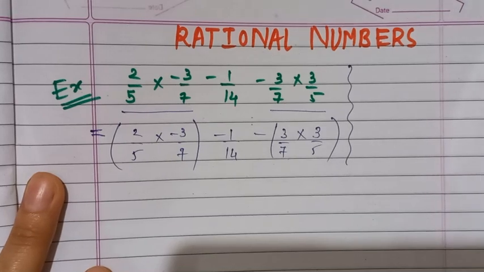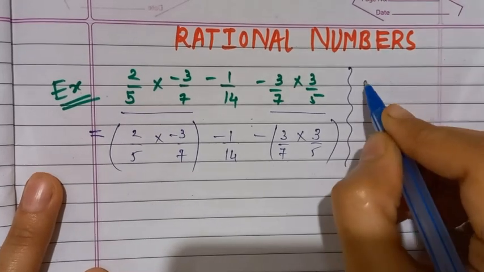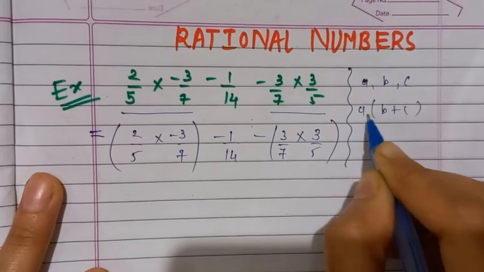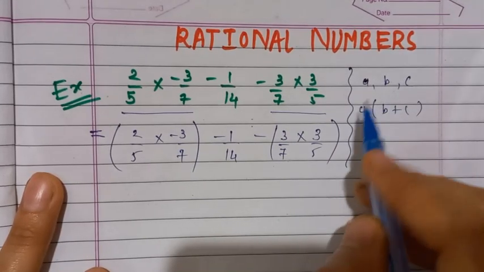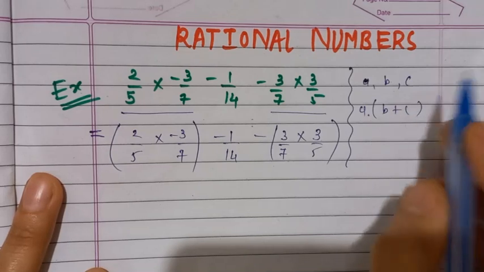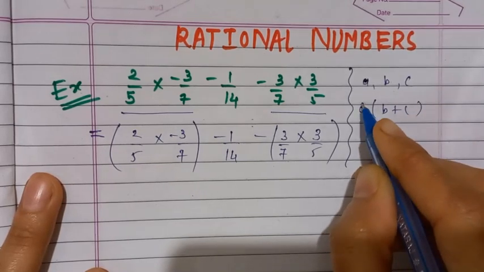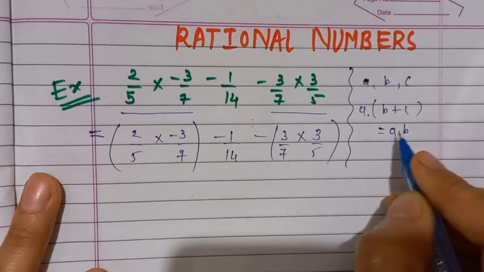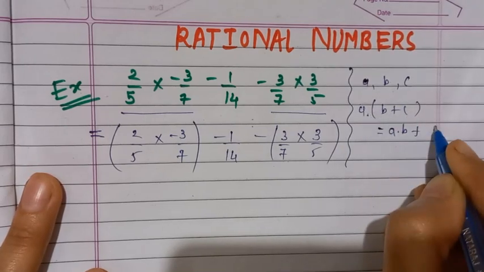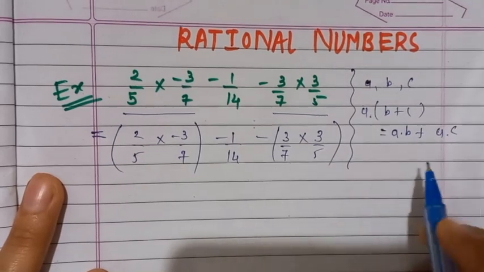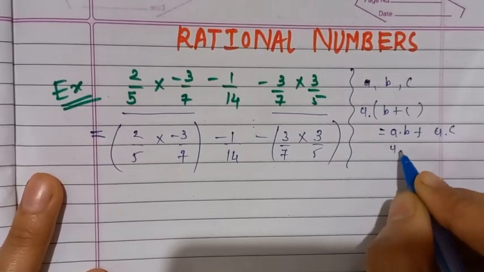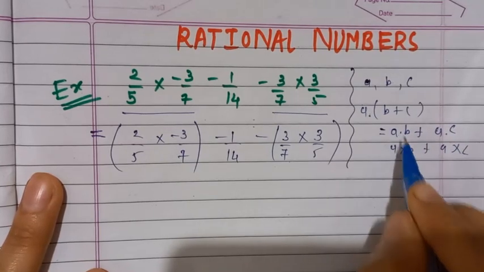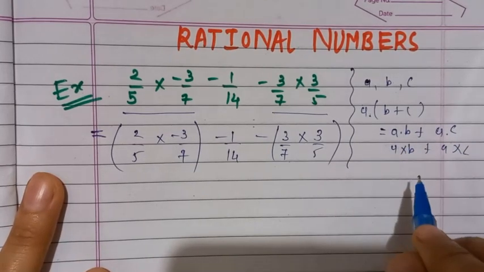If we have A, B and C, then A dot (B plus C), where the dot means multiplication, can be written as A dot B plus A dot C. Rather than writing A cross B plus A cross C, you can write a dot instead of the cross.